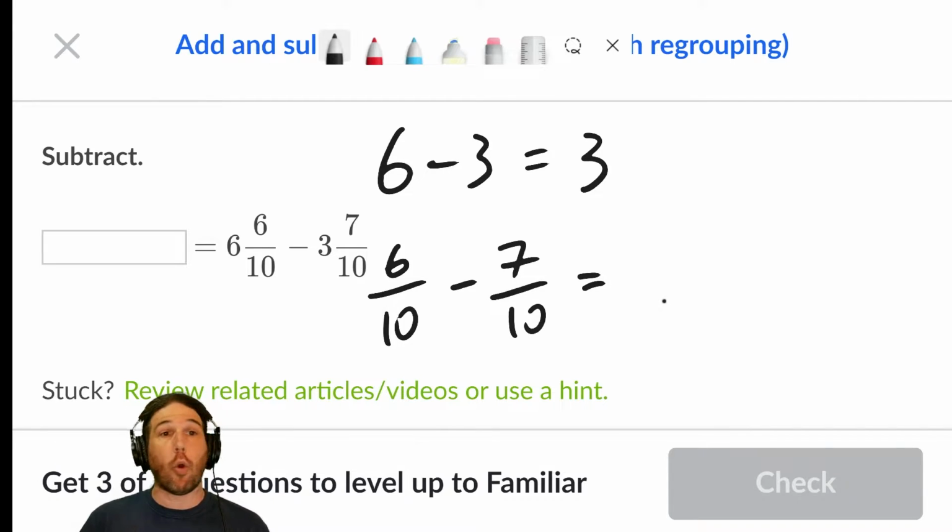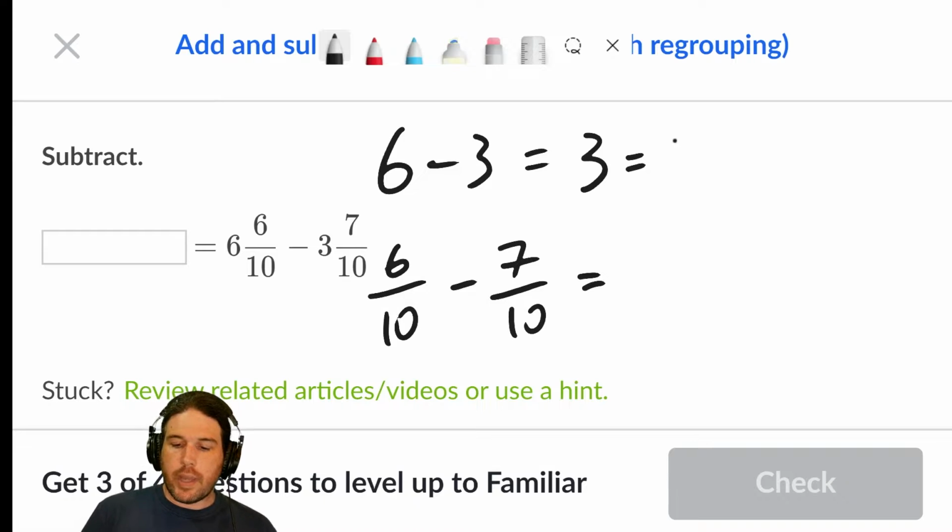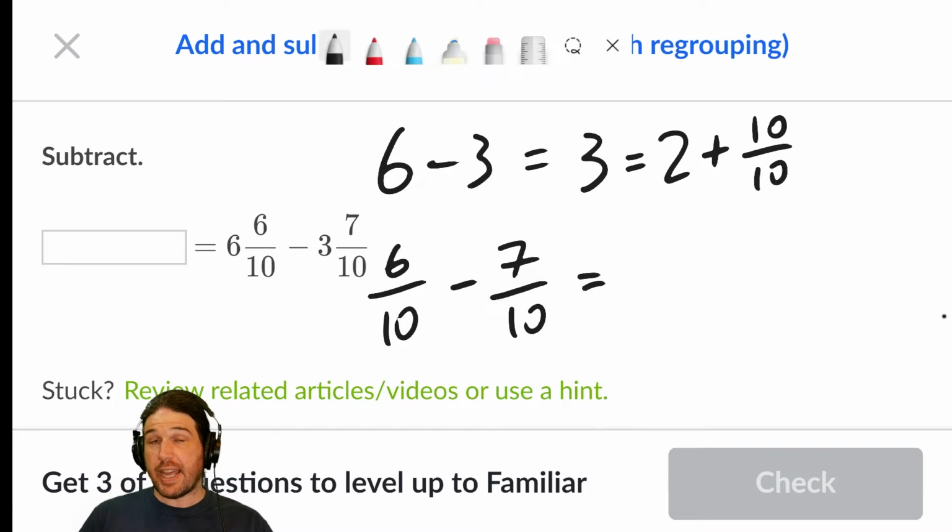You're converting or regrouping, as it calls it here. Instead of 3, we can peel off that 1, right? We could call 3 2 plus 10 tenths, right? 10 over 10 is 1, so 3 is the same thing as 2 plus 10 over 10.